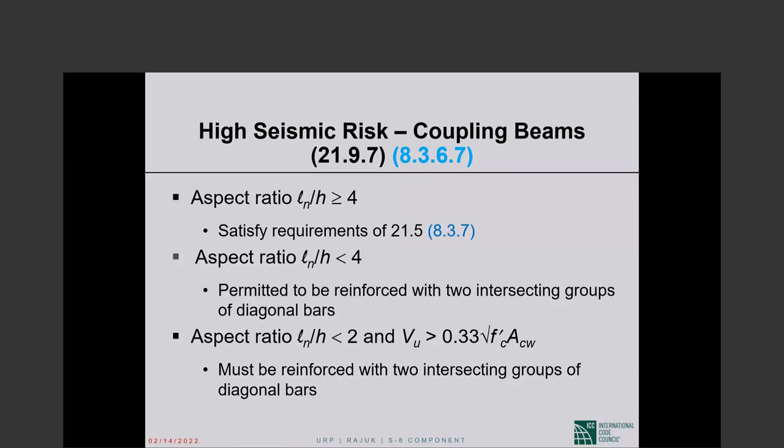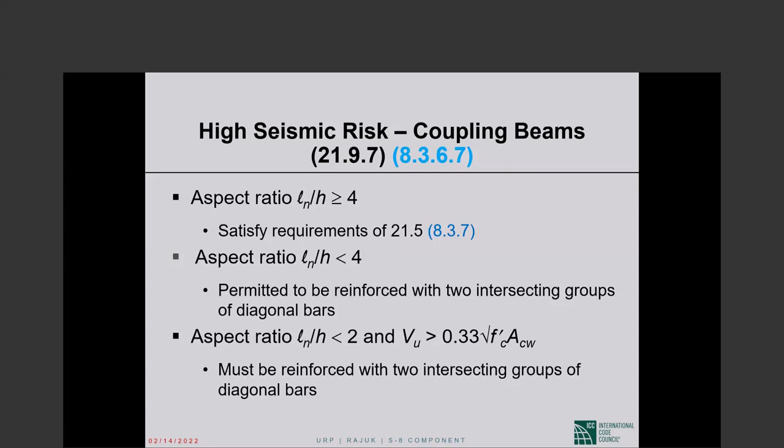Okay, and you know those detailing requirements. If the clear span to depth ratio exceeds 4, you may, but you do not have to, use diagonal reinforcement in your coupling beams, and I'll show you what that diagonal reinforcement looks like.